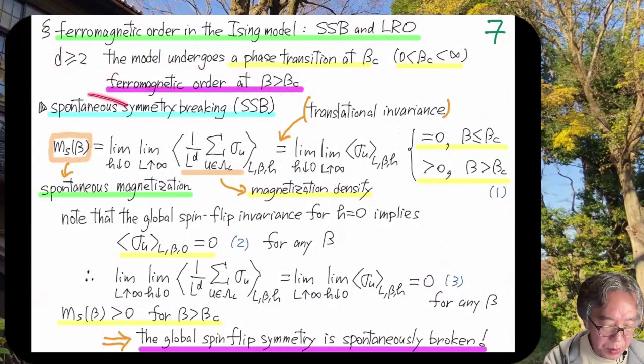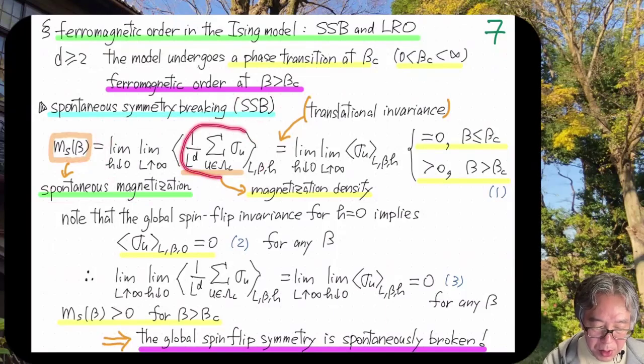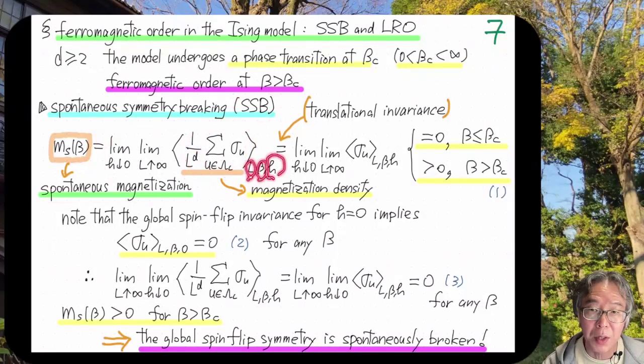There are two ways of characterizing ferromagnetic order. Number one is in terms of spontaneous symmetry breaking, SSB. Here we focus on the spontaneous magnetization, which is defined in this way. This is the total magnetization divided by the number of spins, so this is the magnetization density evaluated at system size L, inverse temperature beta, and strictly positive magnetic field.